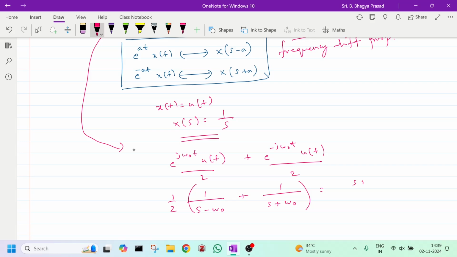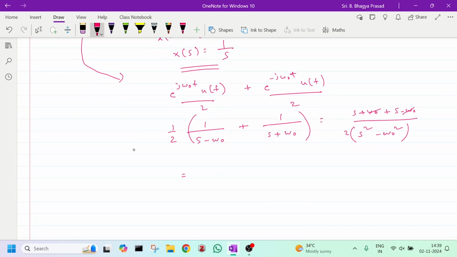So getting s plus j omega naught plus s minus j omega naught by s square minus j omega naught square. So you will get 2s by 2 s square minus omega naught square. So this is s by s square minus omega naught square.